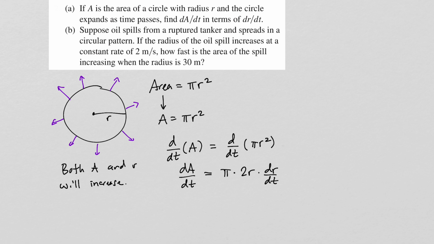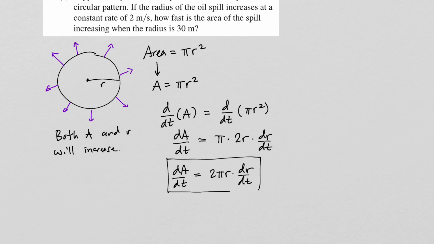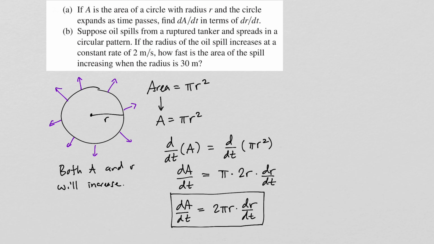So if I clean this up here just a little bit, I will write dA dt is equal to 2 pi r times dr dt. And this is the answer to part A, because part A was asking for dA dt in terms of dr dt. So we now have a relationship between those two quantities.